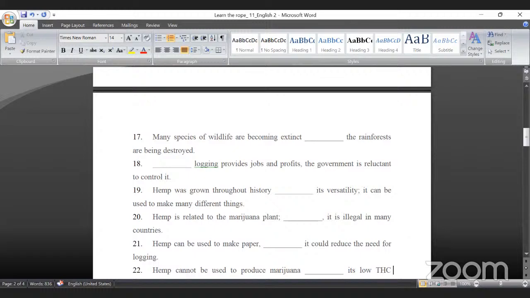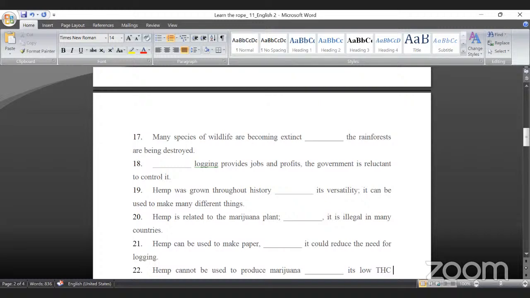Anything that gives reasons can be used. As a result, or in consequence, or things like so, hence, therefore, consequently, they all help you talk about reasons.